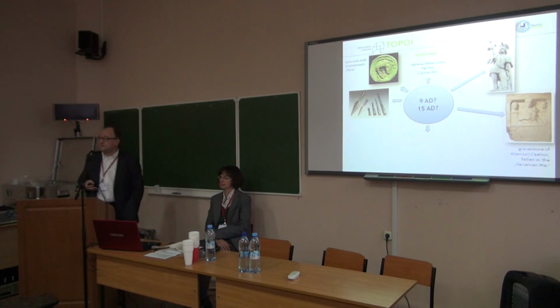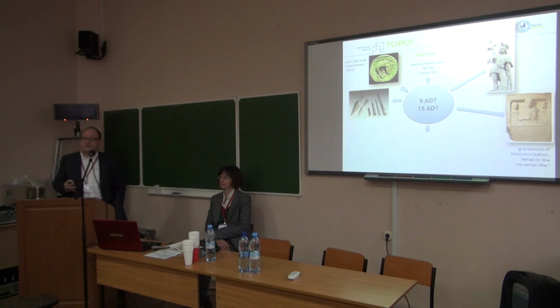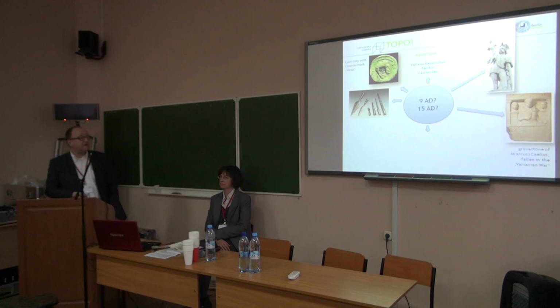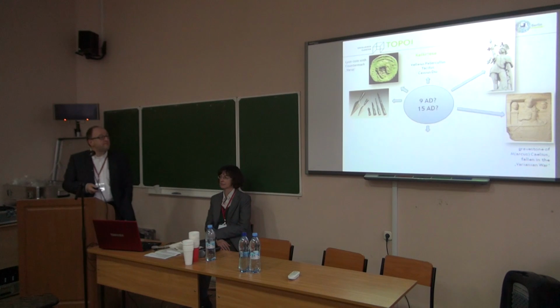We have quite a lot of coins, and none of the coins is later than 9 AD. So the coins fit perfectly to the dating given by the written sources. We have these coins with a countermark, VAR, which can be read here. This is perfect, as it gives the name of the main Roman officer in charge here.